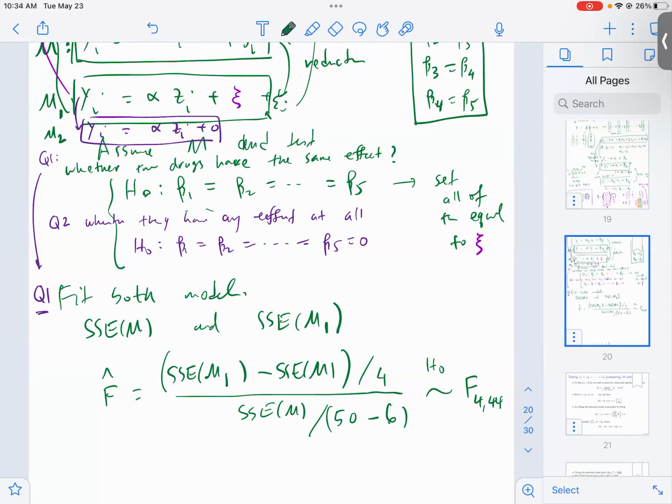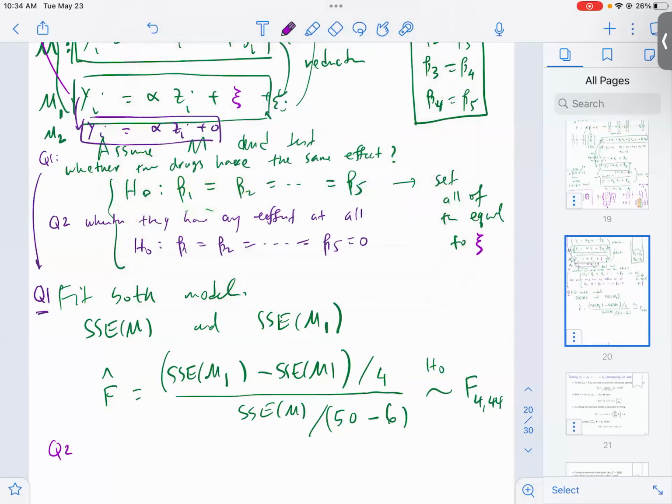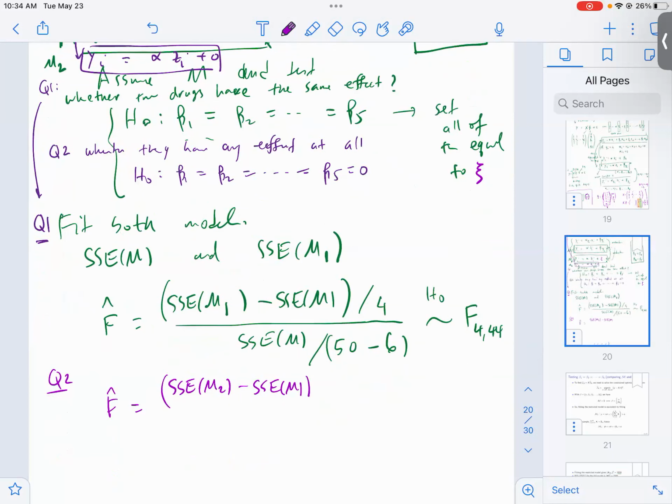Now for question 2, I would have M2. I'm going to do the F statistic. F hat would be SSE of M2 minus SSE of the base model, which is still M, and then divided by something. The denominator is not going to change because the base model is still the same, so 15 minus 6.